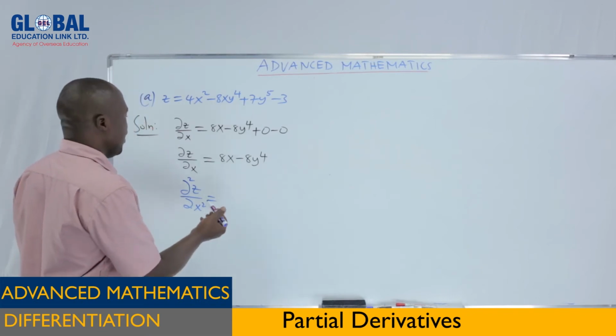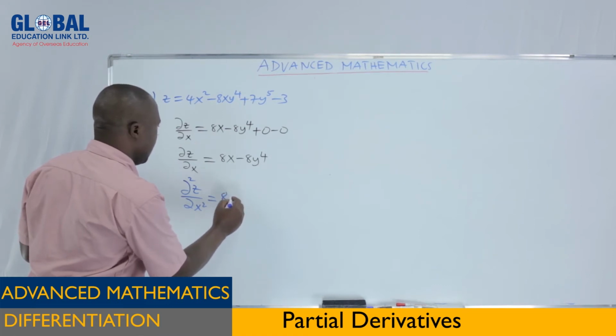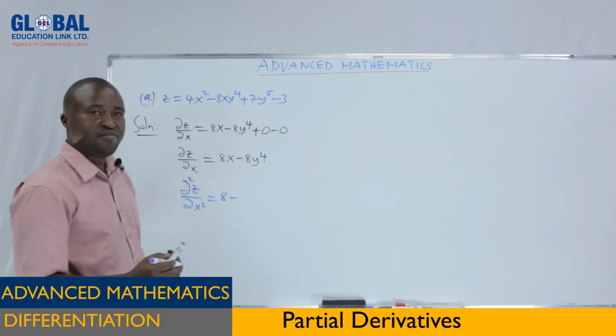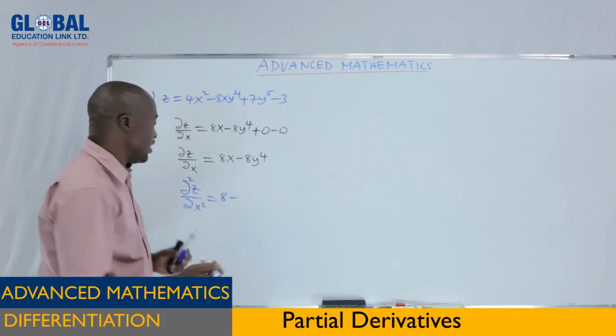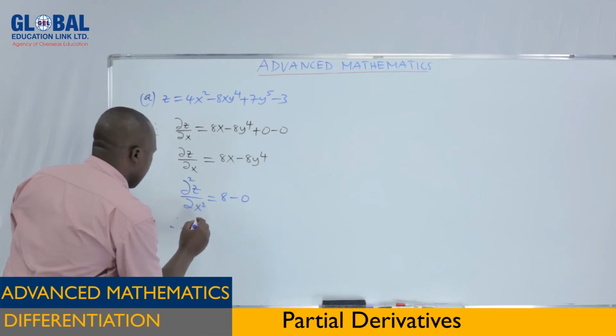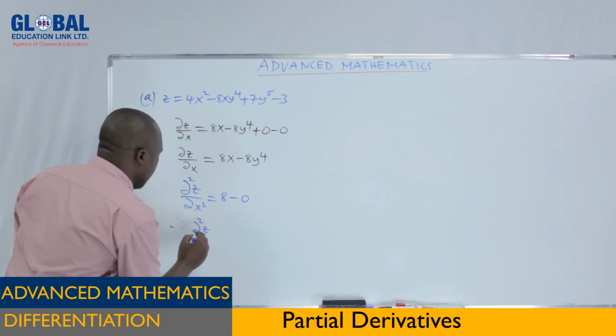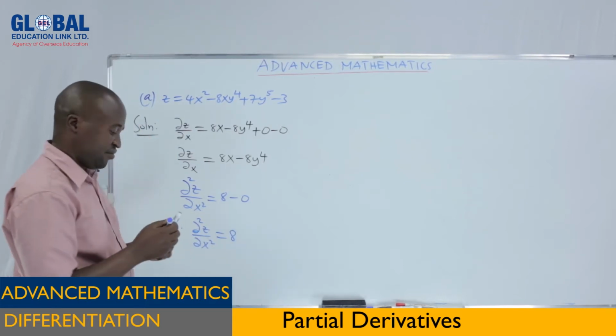So in this case, differentiating 8x, we have 8, then minus, we have 8y power 4. Y is constant, so in this case, we have 0. So the second order partial derivative of z with respect to x is equal to 8.